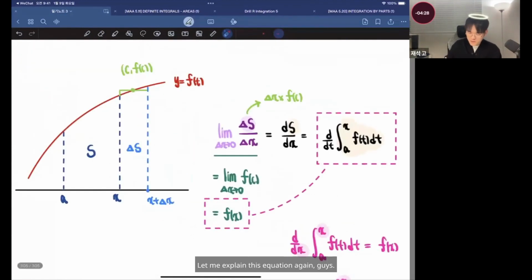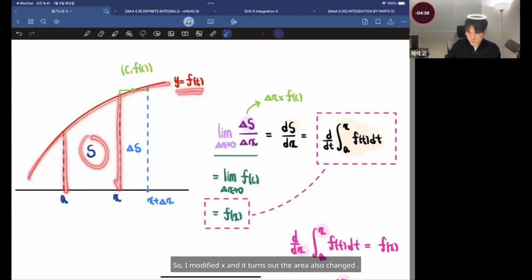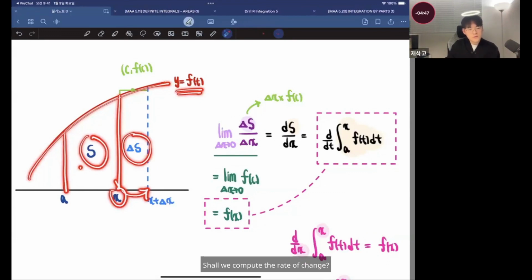Let me explain this equation again, guys. First, there is a function called f of t, and I simply wrote the area from a to x as LHS. So, I modified x, and it turns out the area also changed. I want to determine the rate of change, and now two quantities have changed. Shall we compute the rate of change?